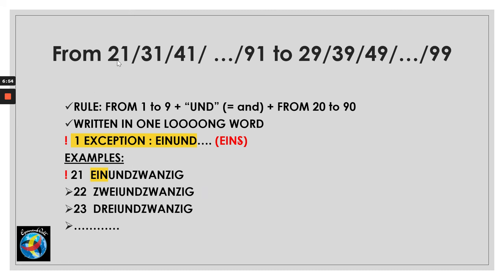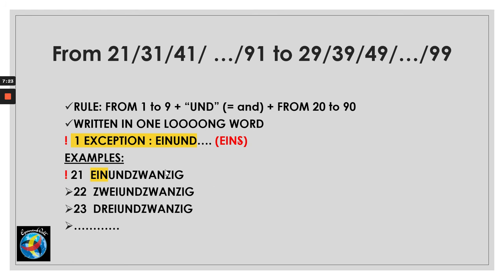I took 20. So 21 is 1 and 20. Ein und 20. 22, 2 and 20. 23, 3 and 20. And we can continue like this, of course, until 99. 24, 25, 26, 27, 28, 29 und 30.